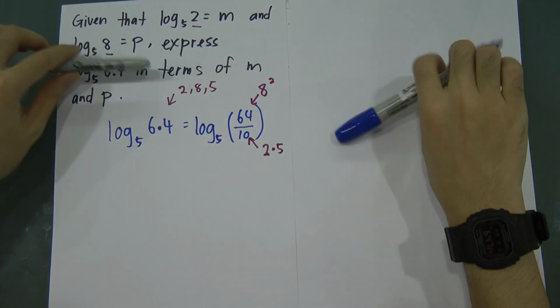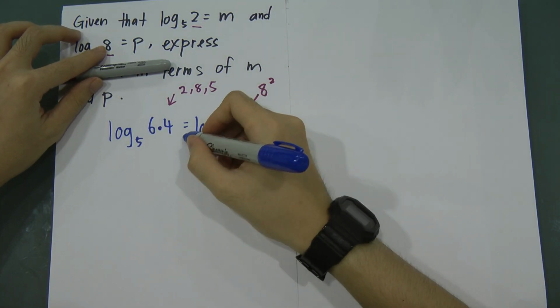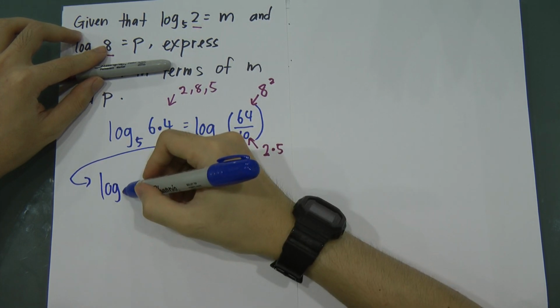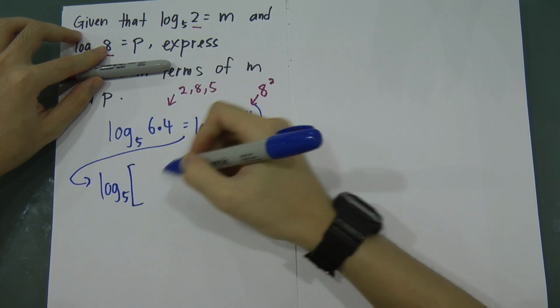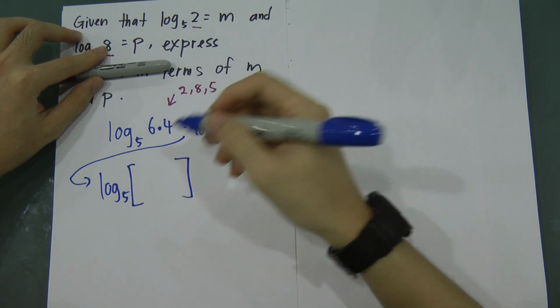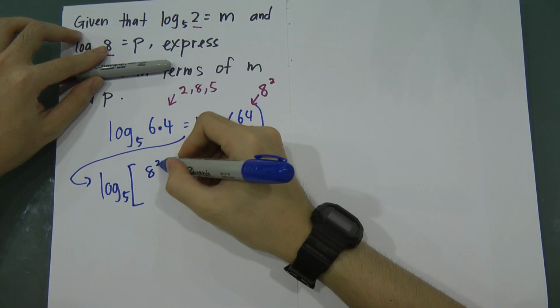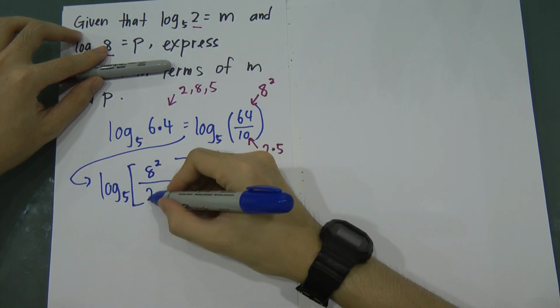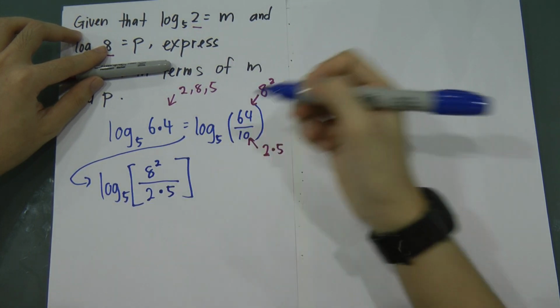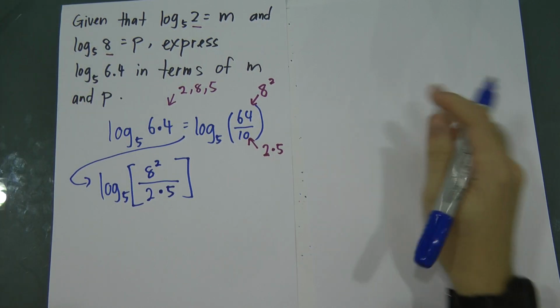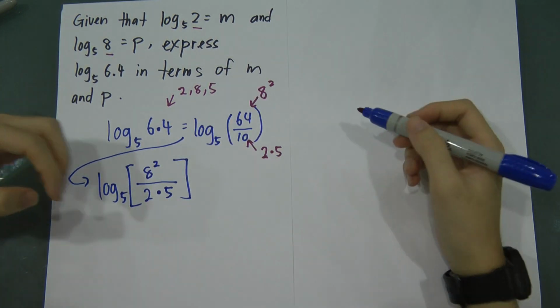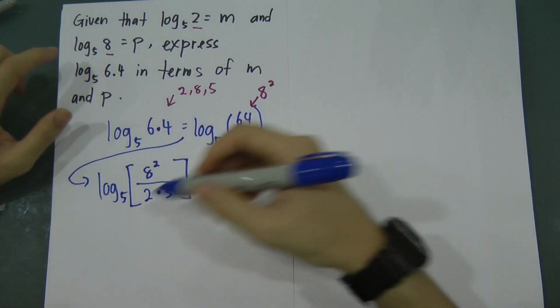So I'm going to start over here. I write it nicely in order to make you fully understand. This is 8 squared, because 64 equals 8 squared, and 10 equals 2 multiply 5. Next step is we need to expand this one, because just now we factorized out log 5, now we do the other way around.